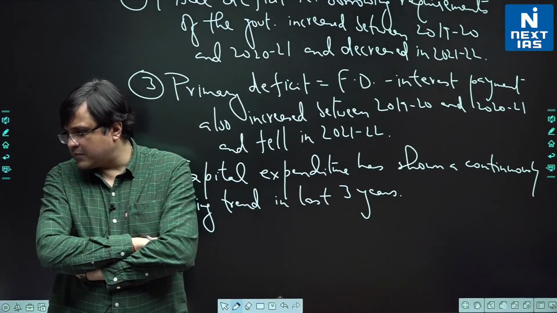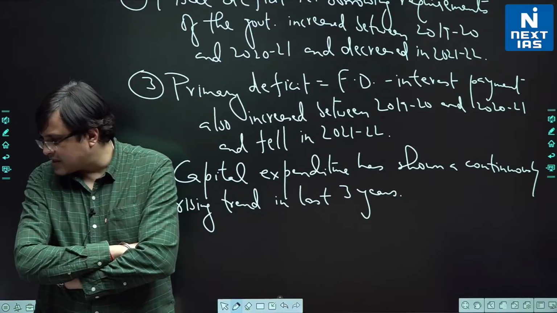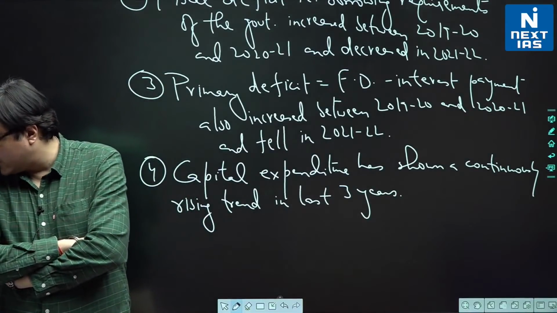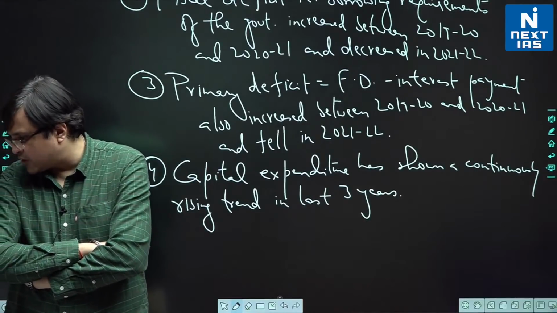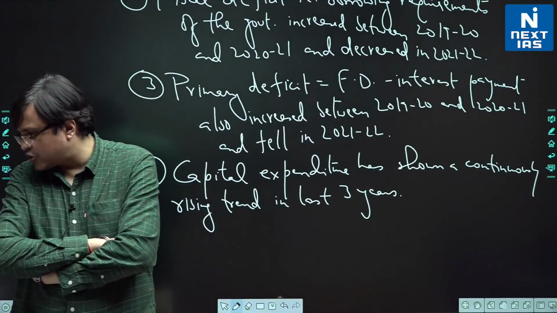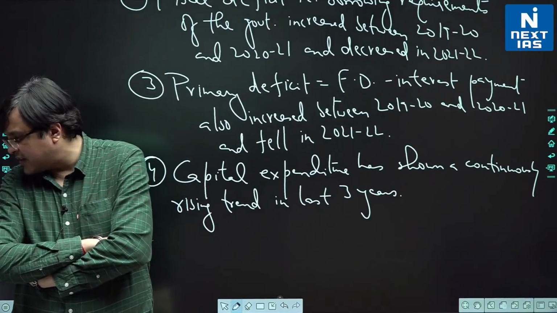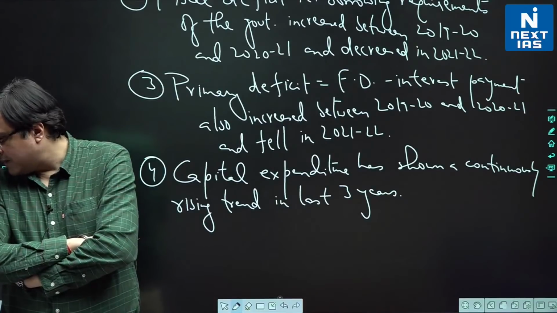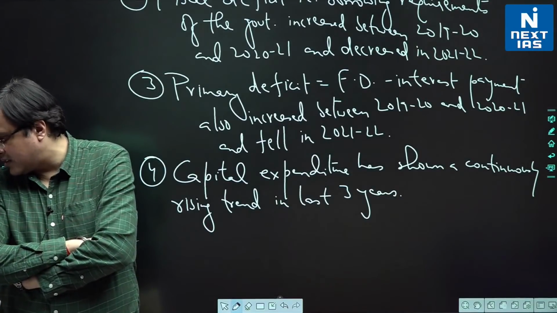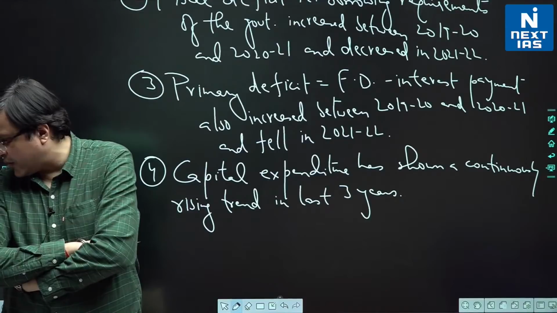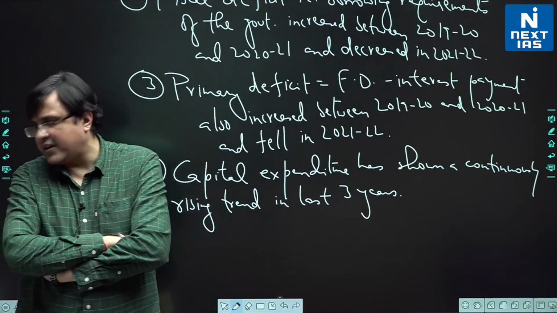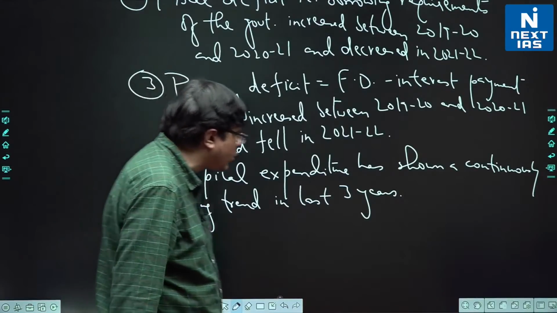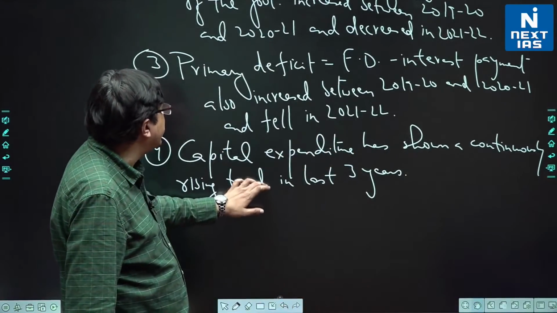Then remember, when it comes to your tax revenue, it decreased in 2021 but increased in 21-22 and is expected to increase over 22-23. So tax revenue declined during the COVID period and then increased again.